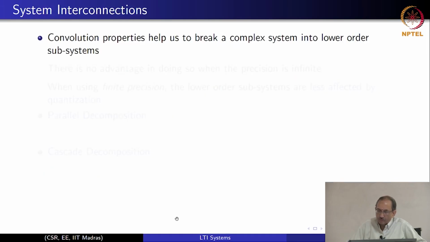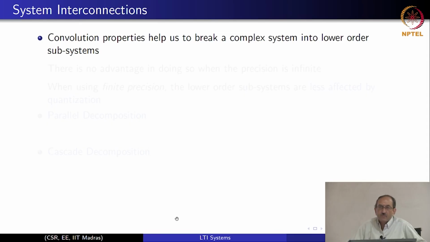Now, this associativity and this distributivity property of convolution is just not an idle mathematical curiosity or property that follows. It really plays a very important role in practical applications, in that it helps us to break down complex systems into lower order subsystems.